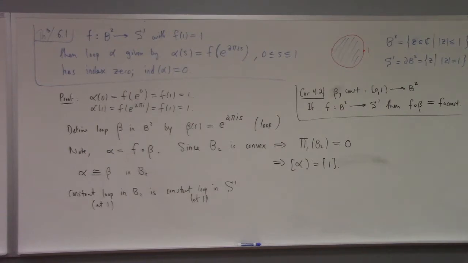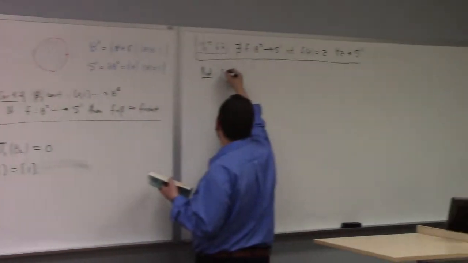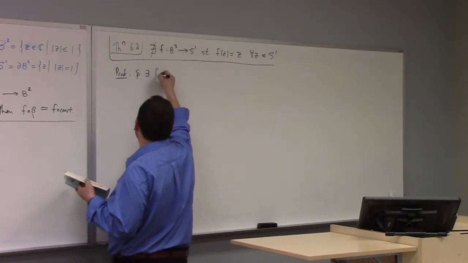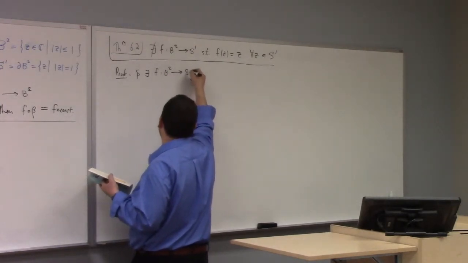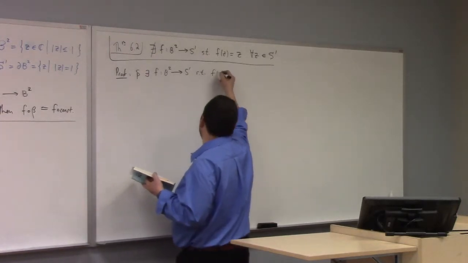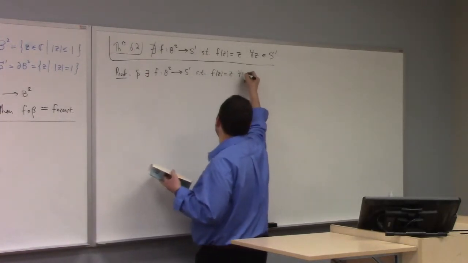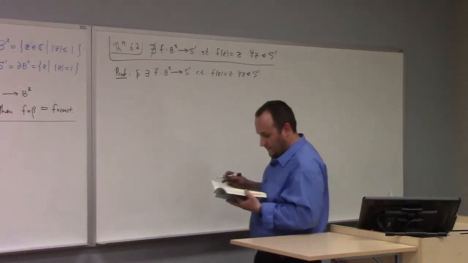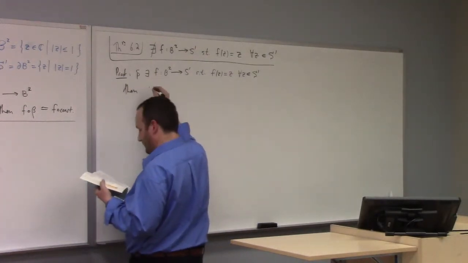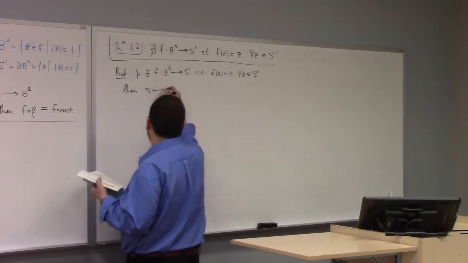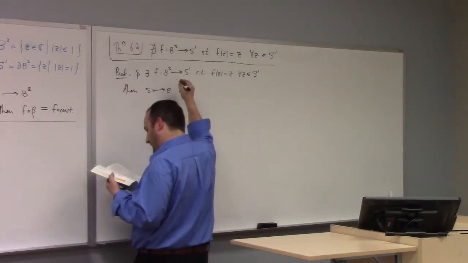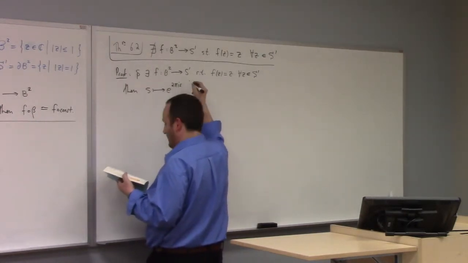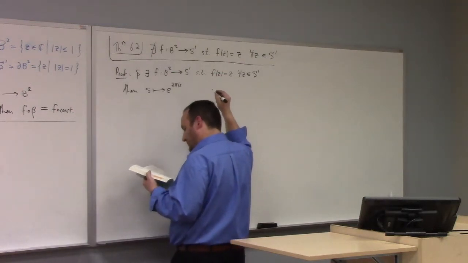Okay. Here's the proof. He says if there was such a map, so suppose that there exists f from B2 to S1 such that f of z is equal to z for all z in S1, then what? Then S maps to e to the 2 pi is would have index 0.